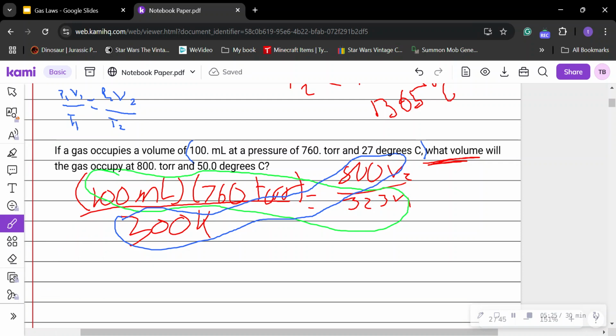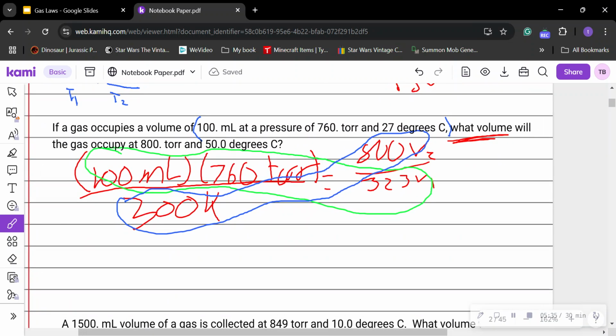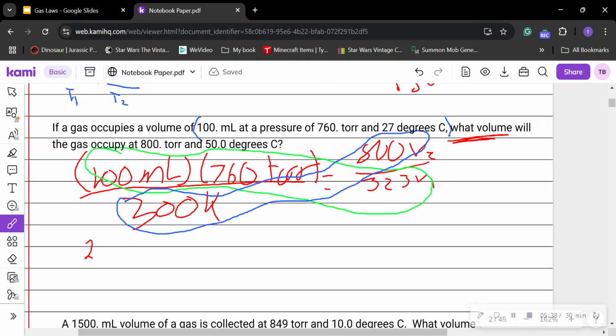So we get 76,000 times 323, which gives us 24,548,000. I'm just going to write it down.